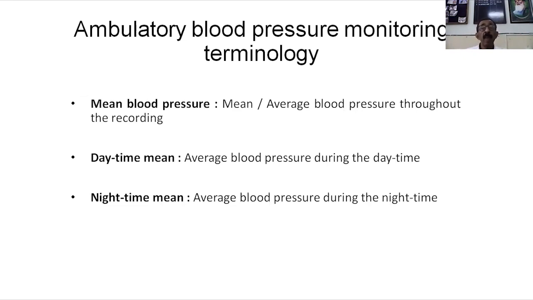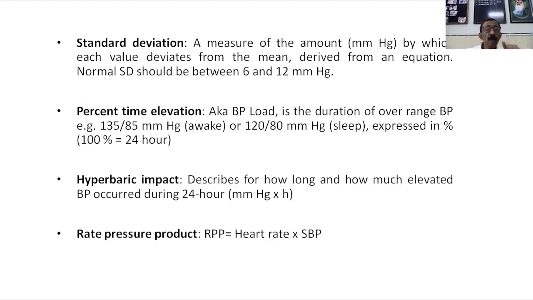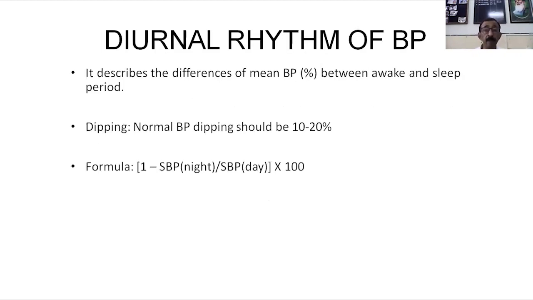It is the average blood pressure throughout the recording. Daytime mean is the average of daytime recording, and nighttime mean is the average blood pressure of the nighttime records. These are some of the terminologies and parameters used in ambulatory BP monitoring: standard deviation, percent time elevation, hyperbaric impact, and the rate pressure product.